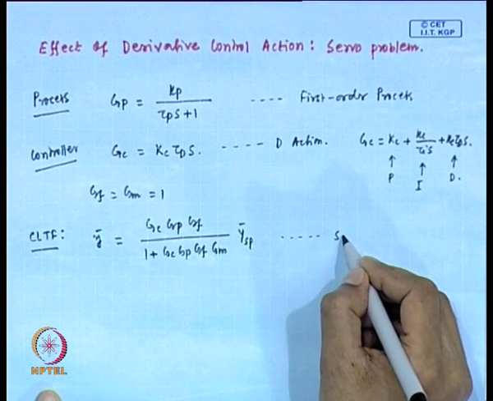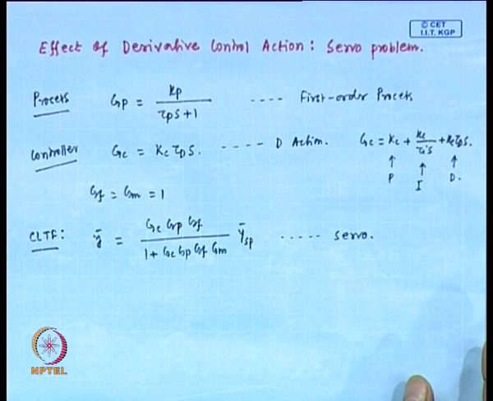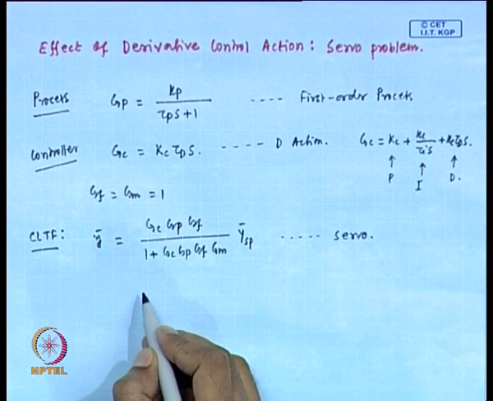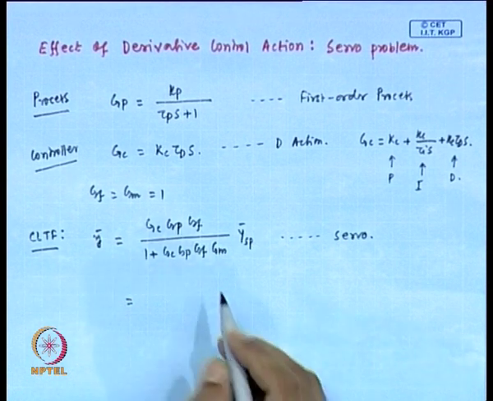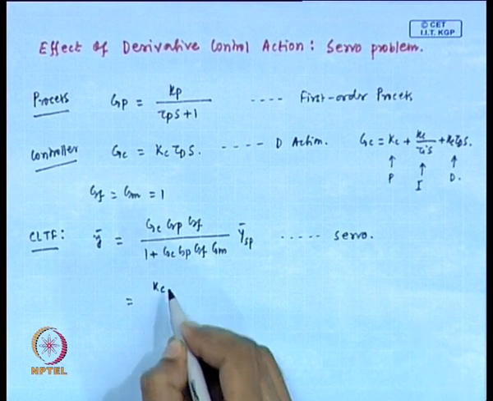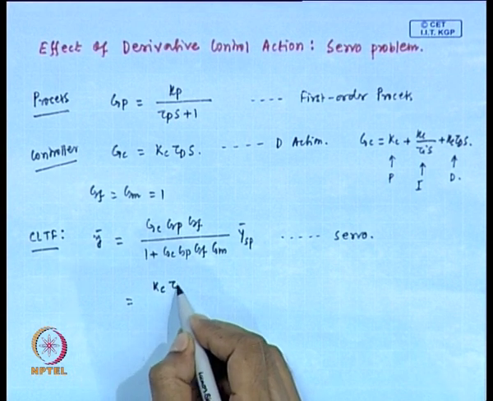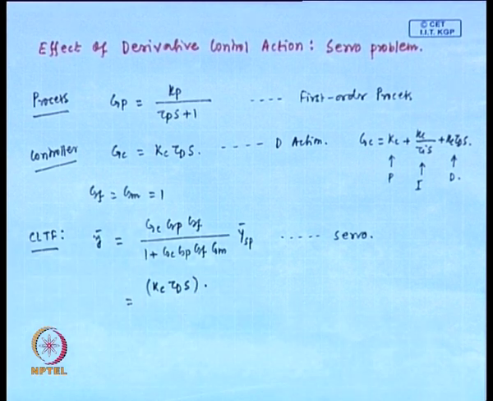This is the generalized form of closed loop transfer function for servo case. Now, if we substitute the individual transfer functions, then we obtain Gc as Kc tau d s.